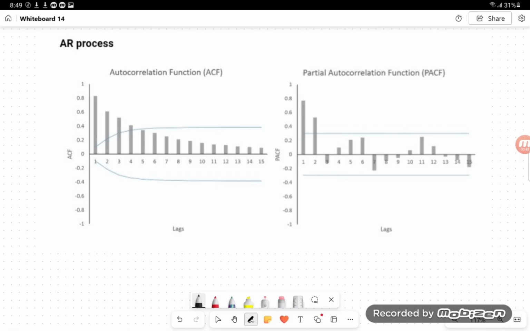As you can see, there is a gradual decay in the ACF. If there is a gradual decay, this means that this is AR. And then to determine the order, we have to see the partial ACF, as there is a cut-off, here in our example, after the first two.